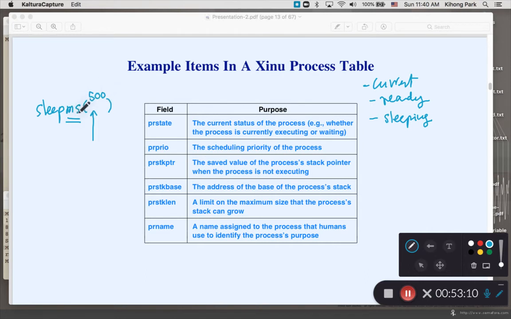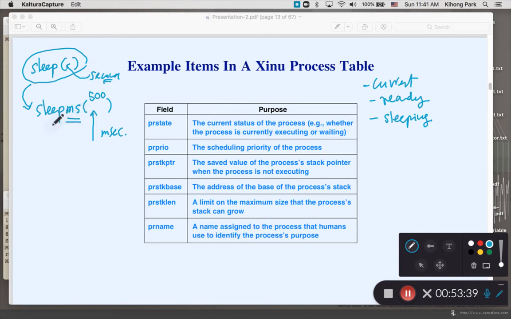Let me sleep for half a second. There's another call in Xenu called sleep, which is in units of seconds. So this is in milliseconds, and this is in unit of seconds. And obviously you can now imagine that this doesn't need to be coded from scratch. This just needs to call this guy by changing the argument value by multiplying it by 1000, basically.